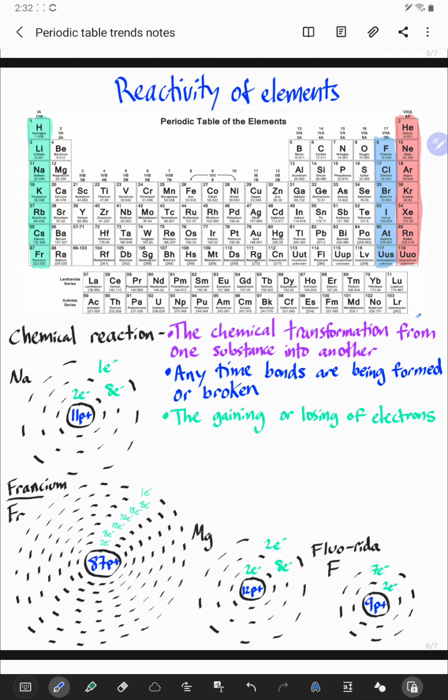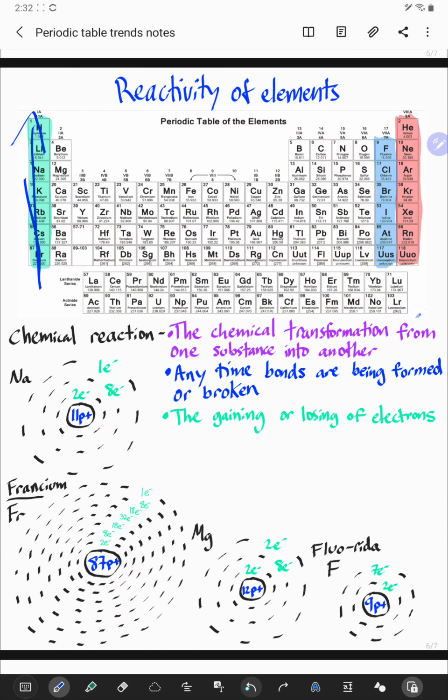Well, let's think about the different trends we've gone through so far. We said that ionization energy and electronegativity are going to be the 2 important factors for determining which of these elements in the columns are going to be most reactive.